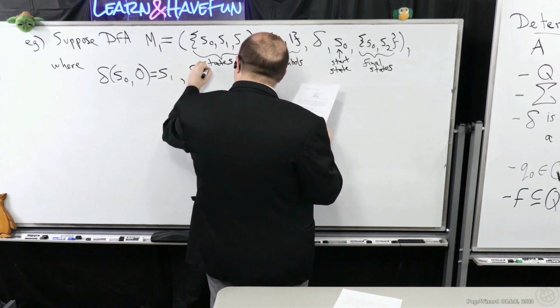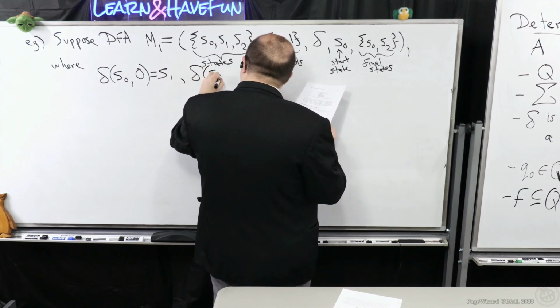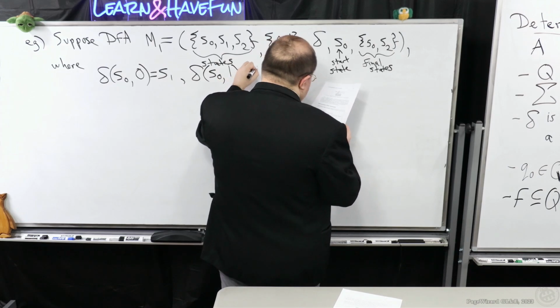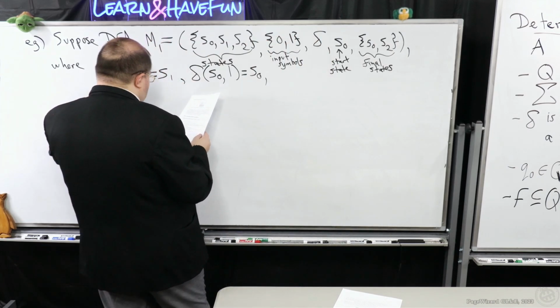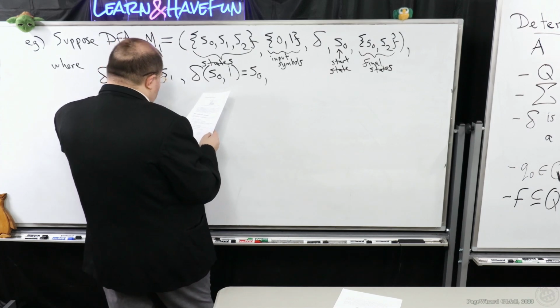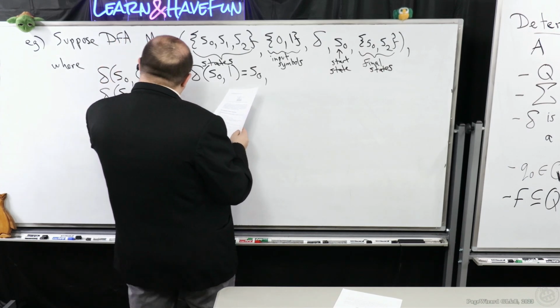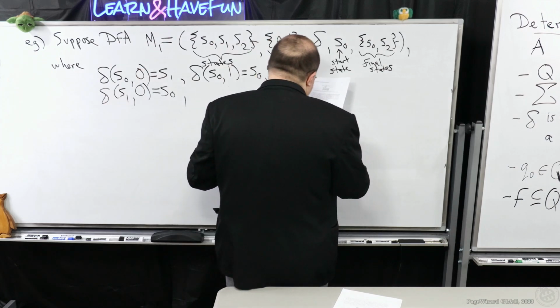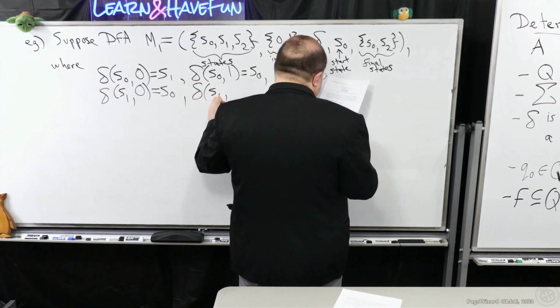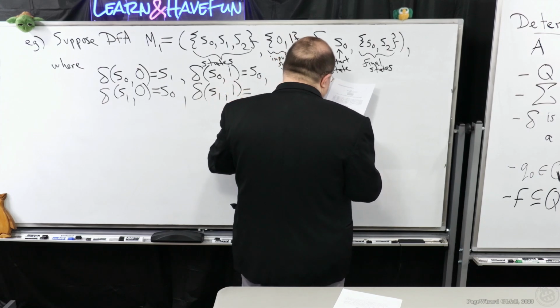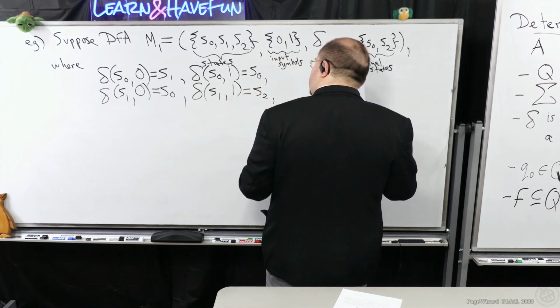If I'm in S0 and I read a 1, I go to S0. If I'm in S1 and I read a 0, go into S0. If I'm in S1 and I read a 1, I go to S2.